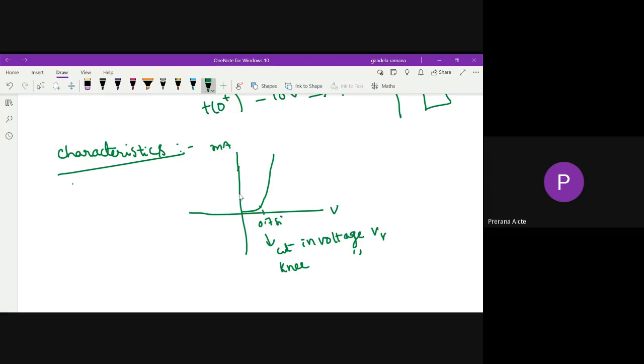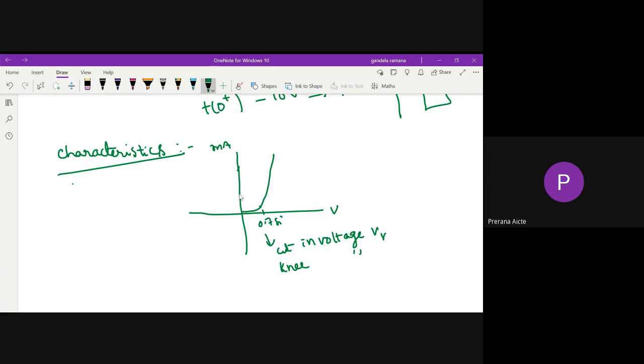That barrier for silicon is 0.7, and for germanium 0.3 volts. When the applied voltage exceeds the knee voltage, the current starts increasing rapidly.